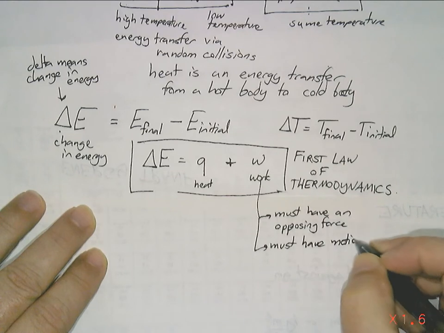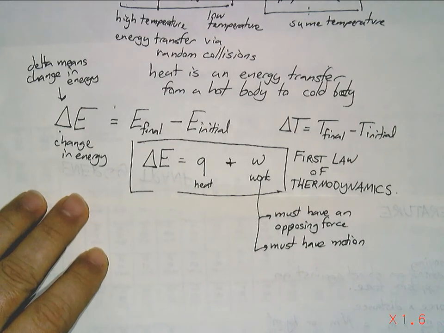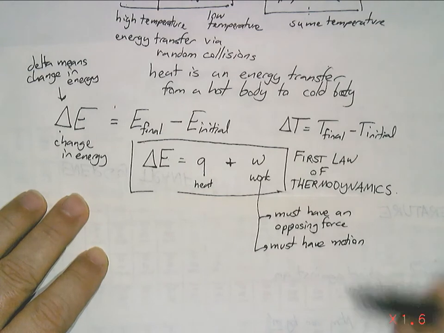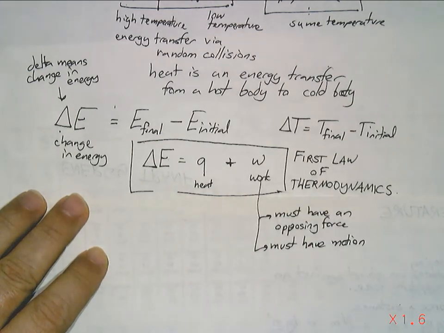We defined work as moving an object, pushing an object against an opposing force. So if you don't have an opposing force, or if you don't have motion, then the work will be zero.